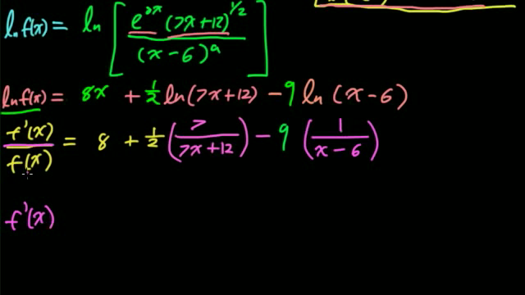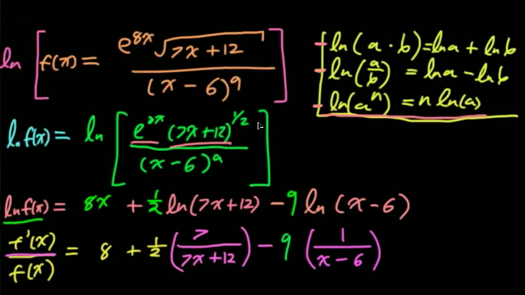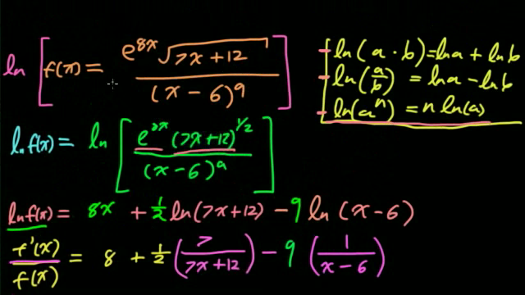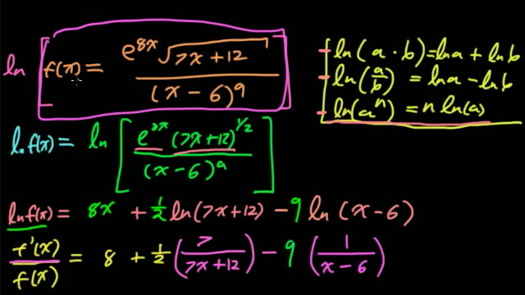So what do we have to do? All we have to do is multiply by our function. We just have to multiply by f of x. And we already know what f of x is, right? f of x is right here. f of x is equal to all of this stuff that we started with.